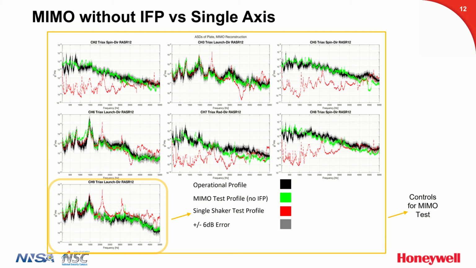So if we do single axis control, we get pretty good matching of those environments in that launch direction, though not quite as good as we get with the MIMO test, especially when we get to higher frequencies where we have resonances of the assembly or of the shaker system. And then, of course, with a single axis, we have dramatic undertest at most frequencies off axis from the launch. So even though our results weren't quite as good as we might have wanted, they were better than we might have in a single axis test.